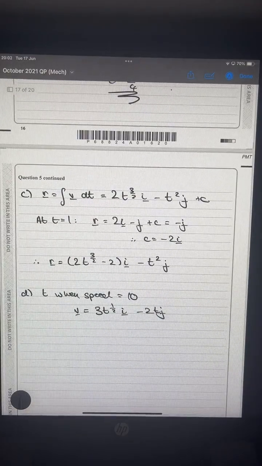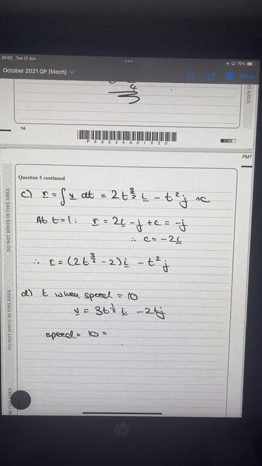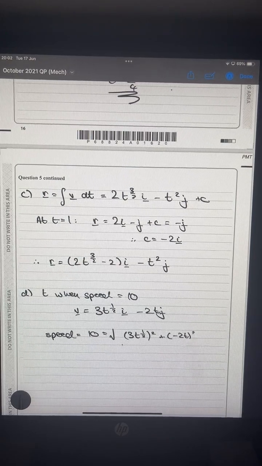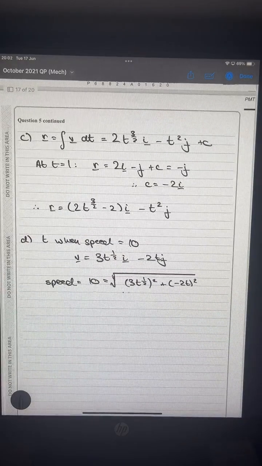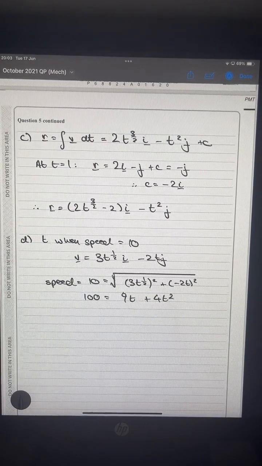So the speed is going to be equal to 10, which is the square root of 3t to the half squared plus minus 2t squared, right? Because you're squaring your i and your j components, you're just doing a bit of Pythagoras to find the scalar. Square both sides, you get 100 equals 3 squared is 9t to the power of a half squared is just t plus 4t squared. Now I just have to solve a nice little quadratic.